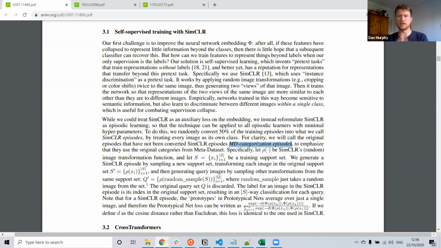And then the SimCLR episodes, I think, ensure that you're good at discriminating between images inside a class. So you're not losing too much in terms of spatial differences between the images, or background colors, whatever it is. That's my understanding of it.